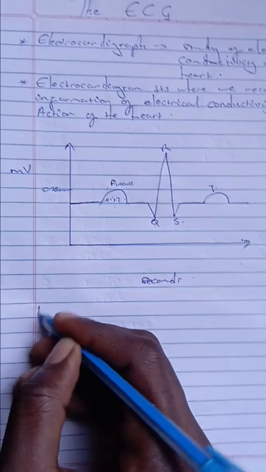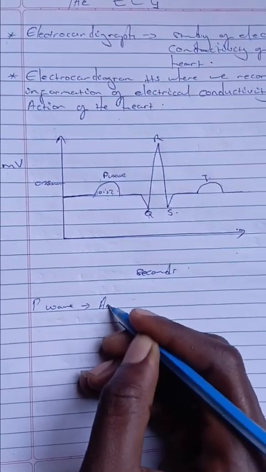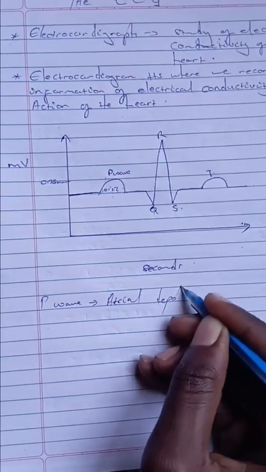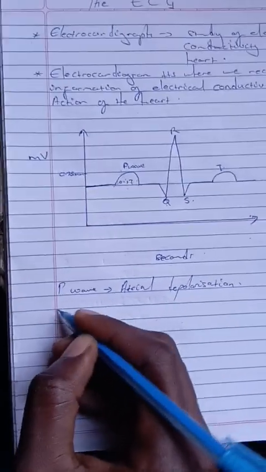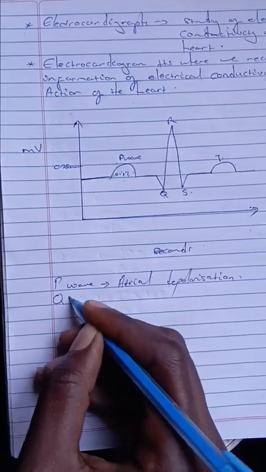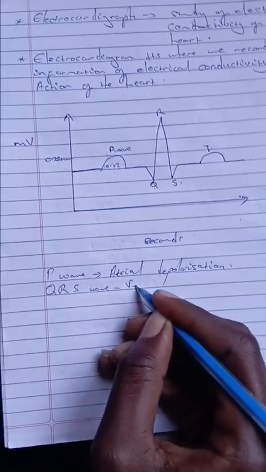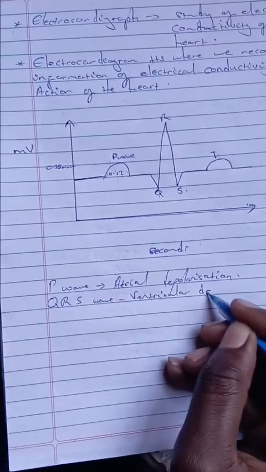So P wave, atrial depolarization, QRS wave is ventricular depolarization.